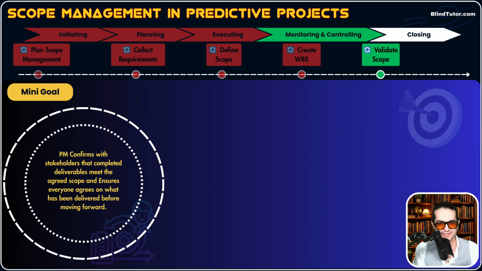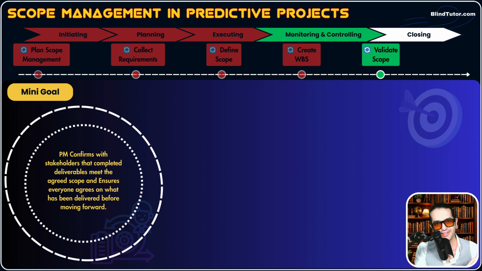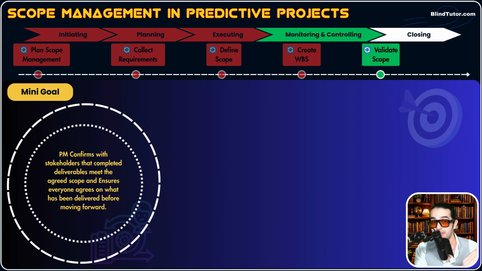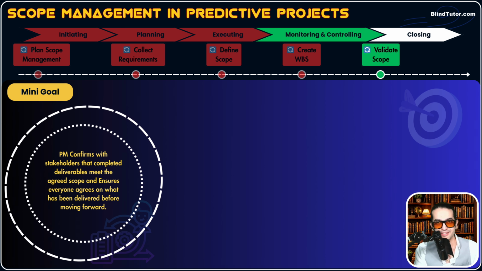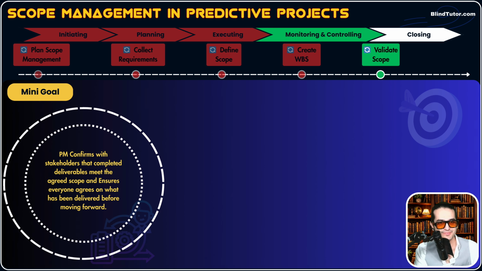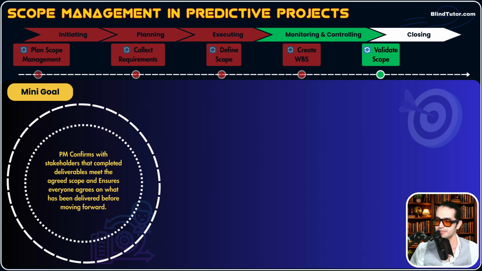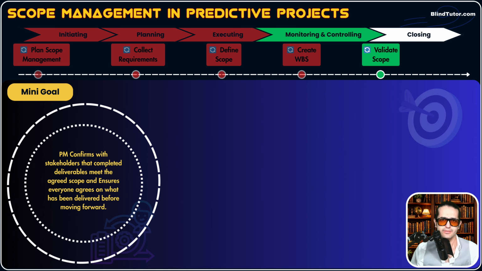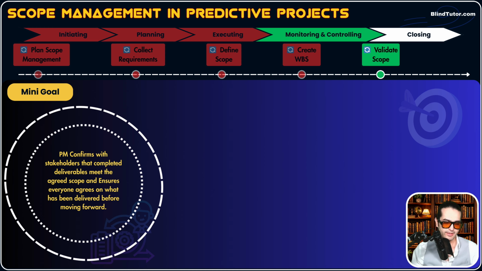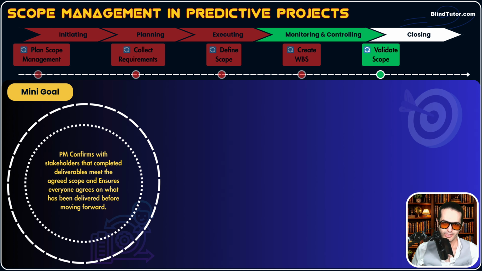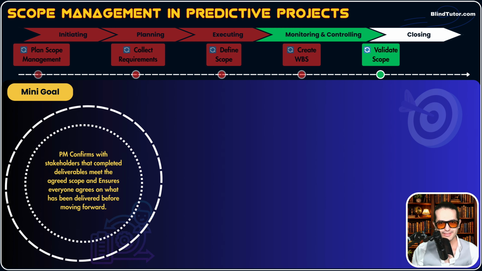You and the sponsor or your client agreed on a set of things that you will deliver, and they were all documented in a scope baseline. The sponsor checks the scope baseline, checks your deliverable and says, okay, good to go. I validate this deliverable. It means I accept this deliverable. I formally sign and say, good.